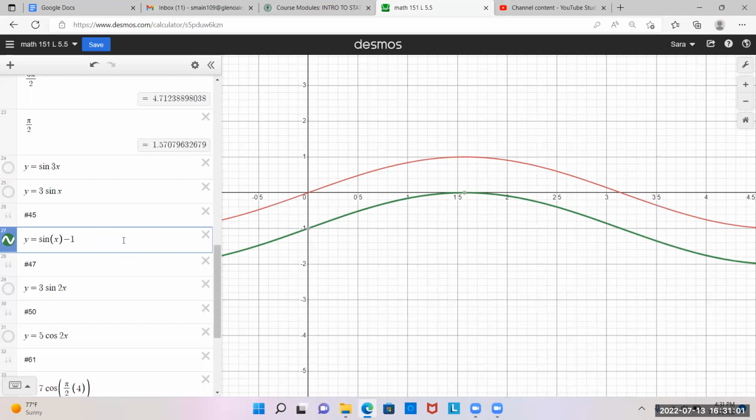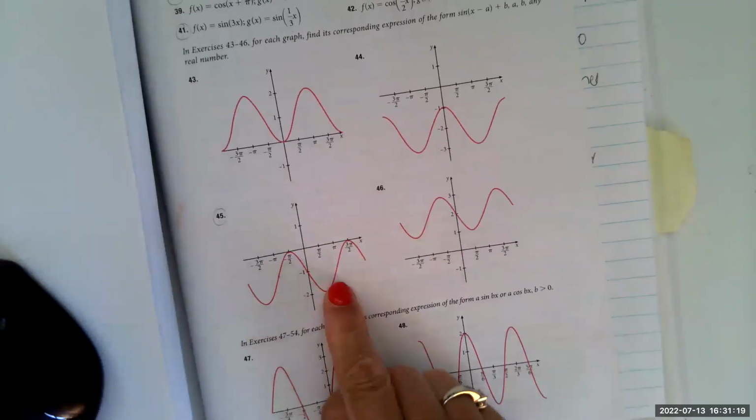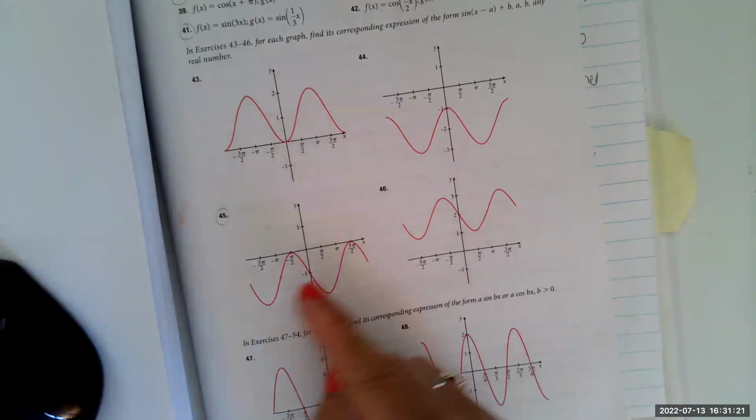Now on 45, it looks to me like instead of going up, it's going down when I look at the graph. Let me go back to the page so you can see what I'm talking about. Here on 45, you can see I want that sine to go up.